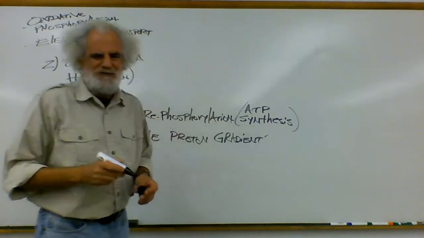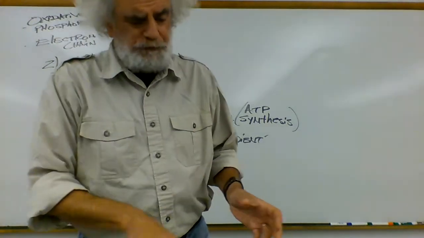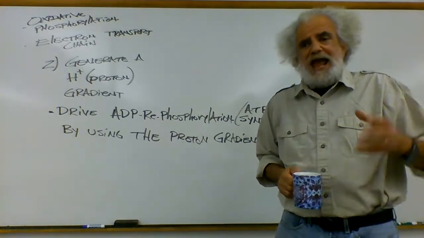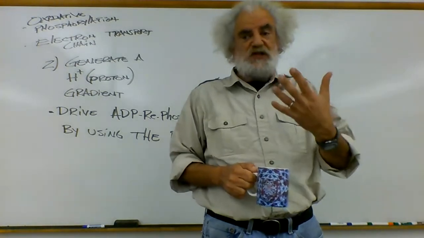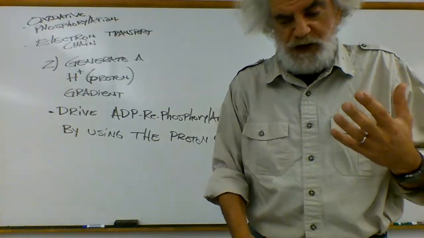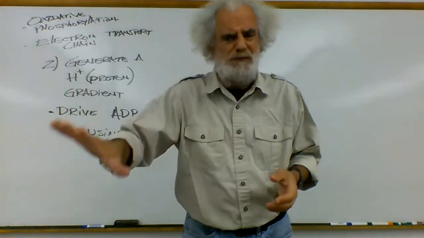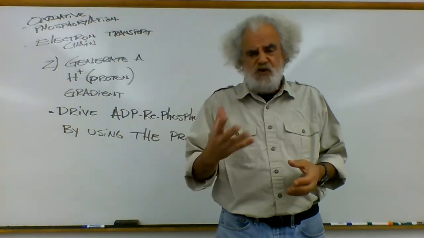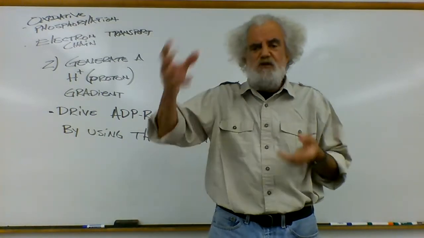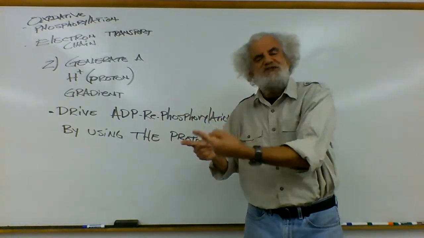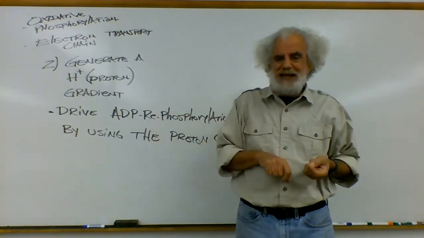But that's not quite right, because we've got ADP floating around. ADP synthesis, or the synthesis of the nucleotide triphosphate or diphosphate, is a whole different pathway. The synthesis of the nucleotide is going on because you need the nucleotides for RNA and DNA. This is the rephosphorylation of ADP.